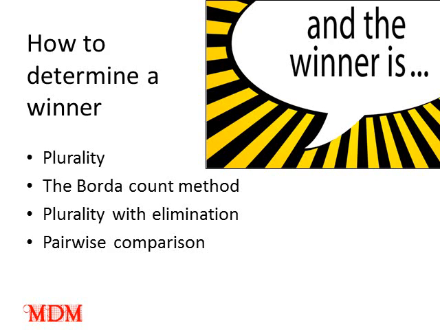It's up to the organizer of the election to predetermine what method will be used to decide the final result. Each of these methods of preference elections will be discussed in detail in this lesson.